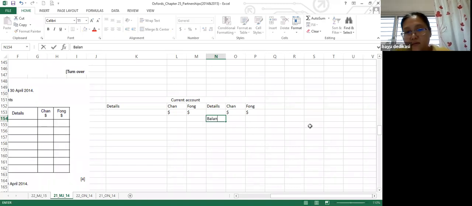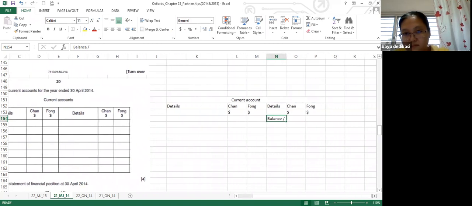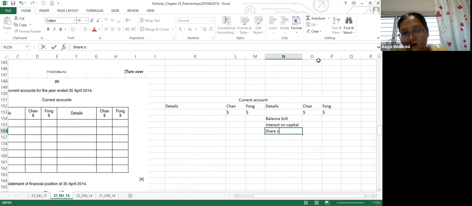Okay, balance brought down, and then interest on capital, share of, you have partner salary first, partner salary.